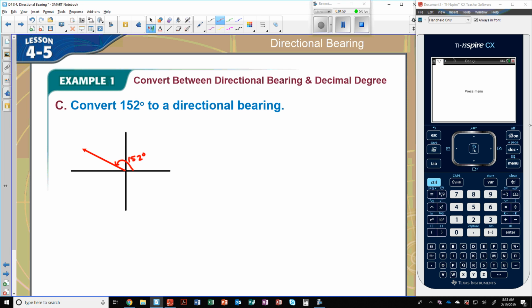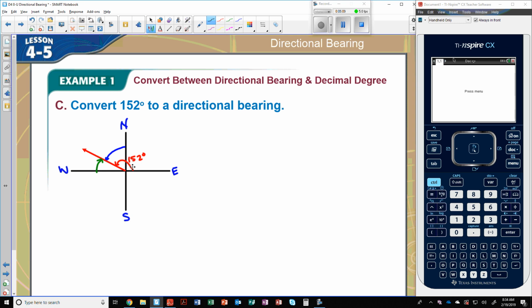Now when I want to convert it, I'm going to use the north, east, south, west system. The easiest way is to go from the north and ask what this angle is, or we could ask what is the angle from the west going towards the north. We'll do it both ways. First, I'll go from the north over.